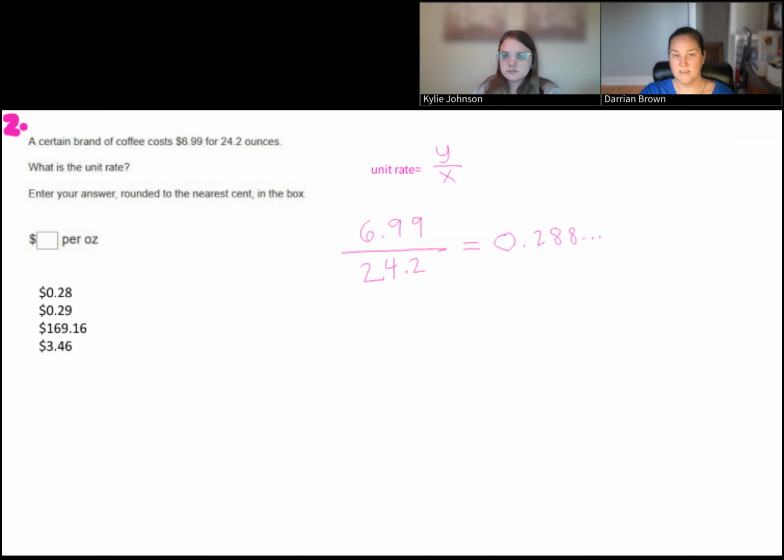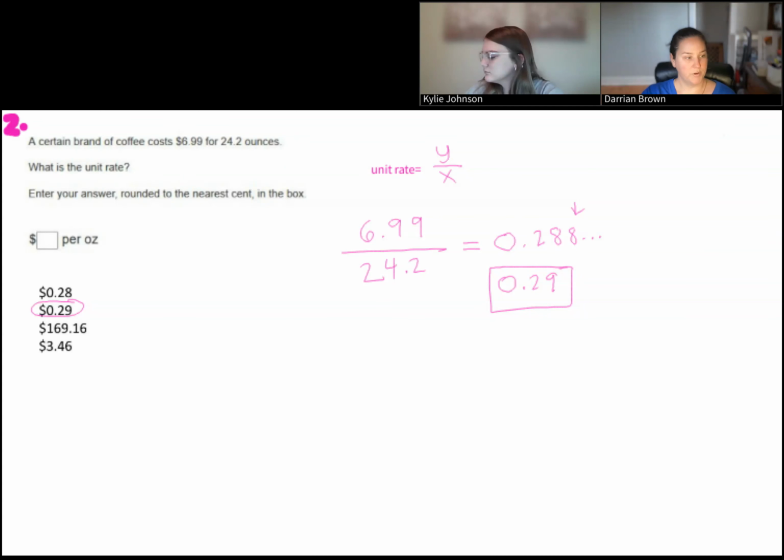So right now that says 28 cents, but since this number is an 8, we round the digit to the left up. So that's actually going to be 0.29. Okay. And so B would be the correct answer there. Go ahead and write that down. I'll give you about 30 seconds.